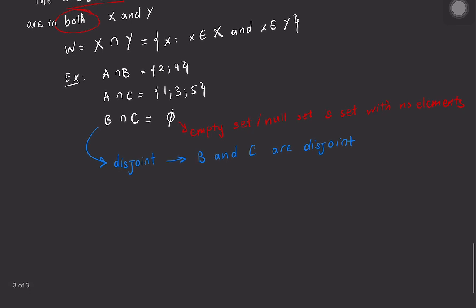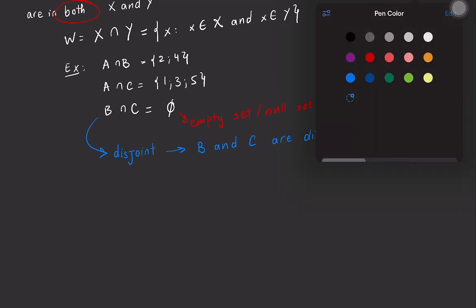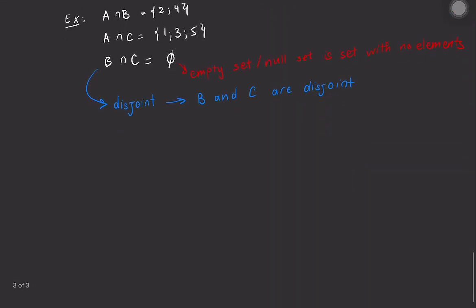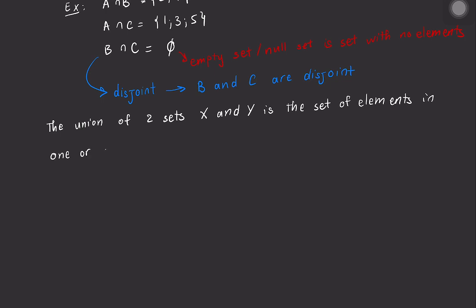Okay. The next definition is the opposite of intersection, which is union. The union of two sets X and Y is the set of elements in one or the other set.